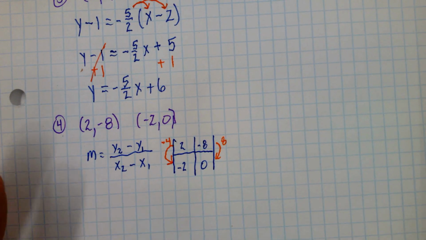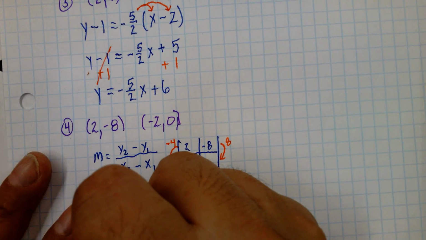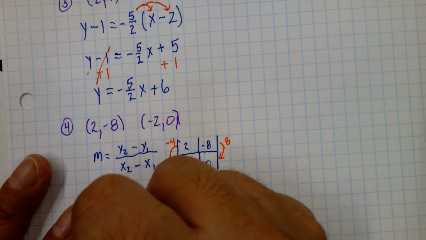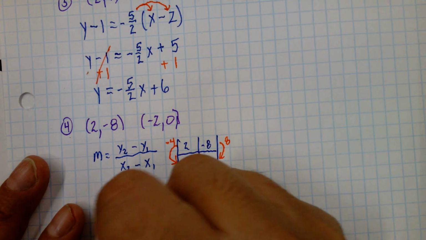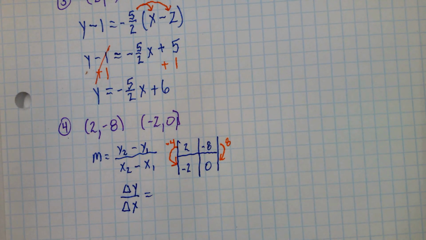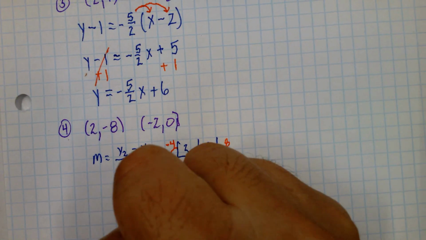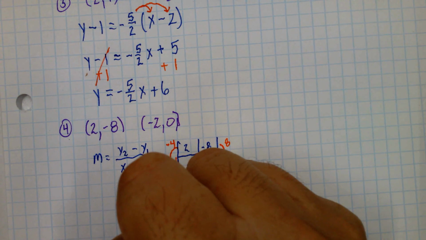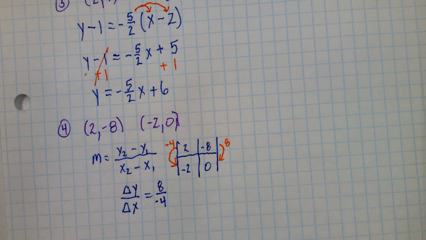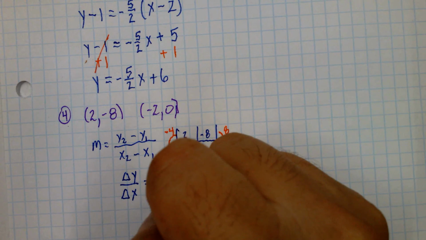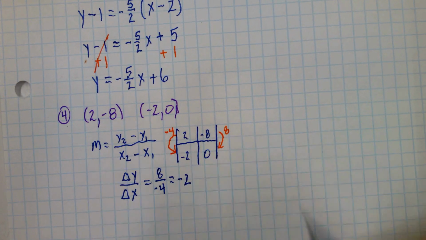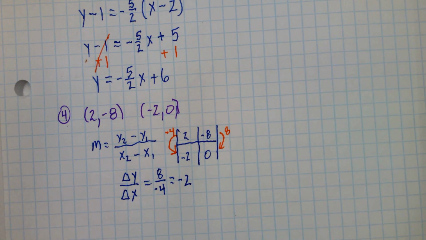So now I want the difference in y's over the difference in x's. So that would be 8 over negative 4. And that simplifies to what? Negative 2. Okay, so the slope, the rate of change between these values is negative 2.